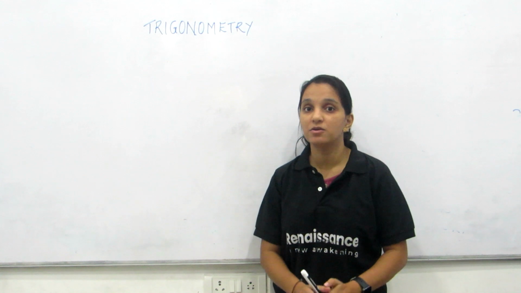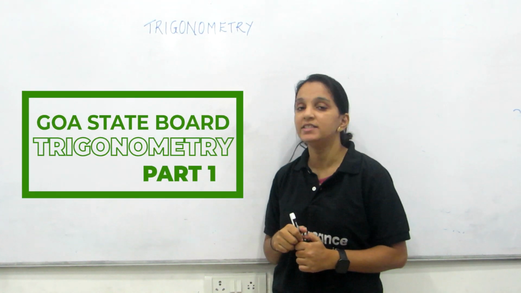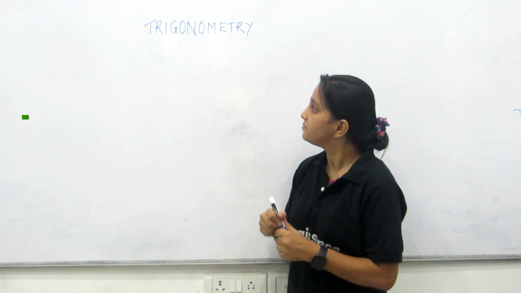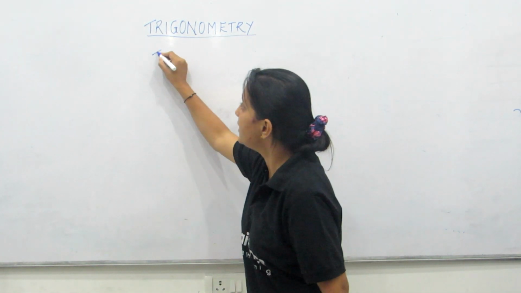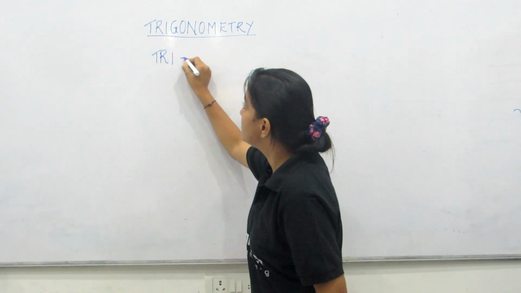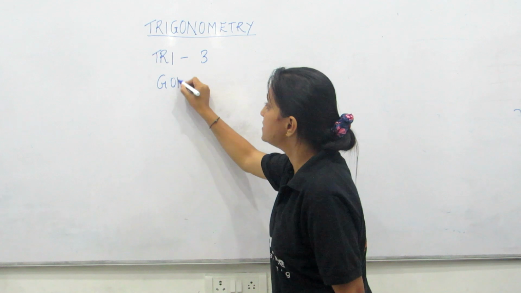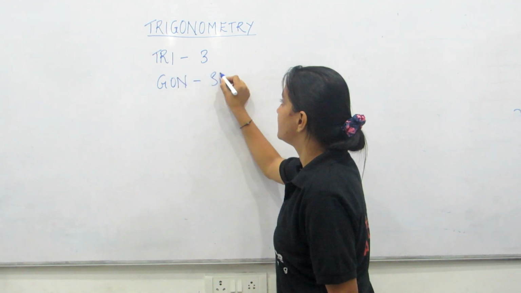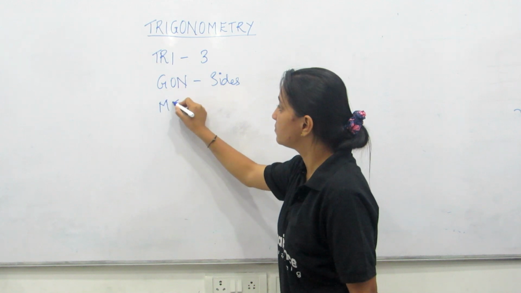So today we will see the lesson trigonometry, which is very important in 10th standard maths. Now what is trigonometry? Tri means 3, gon means side, and metry means measure.